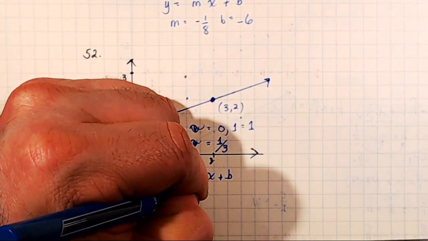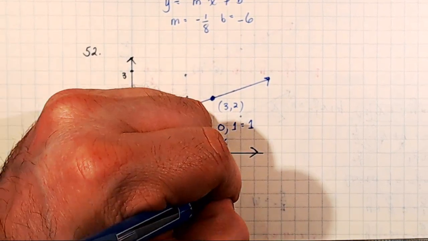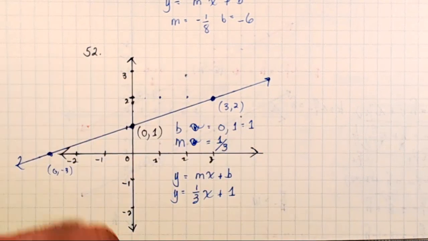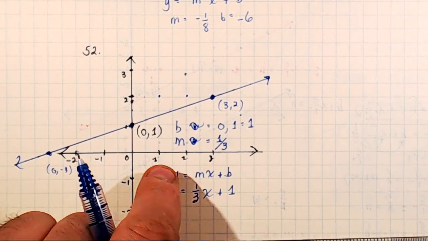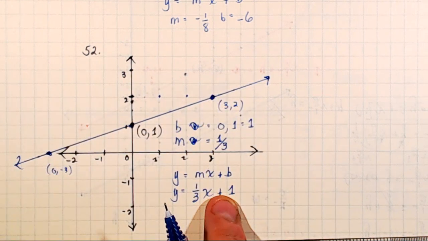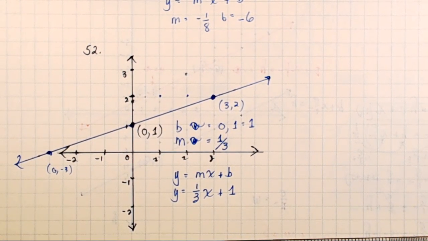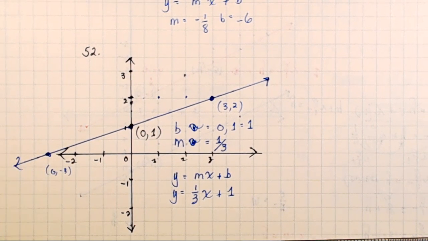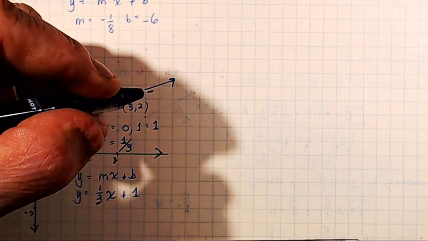y equals 1 over 3x plus 1, because m equals 1/3 and b equals 1. Okay, so that's the apparent equation of the line, from the visual data that we were given, in slope-intercept form.